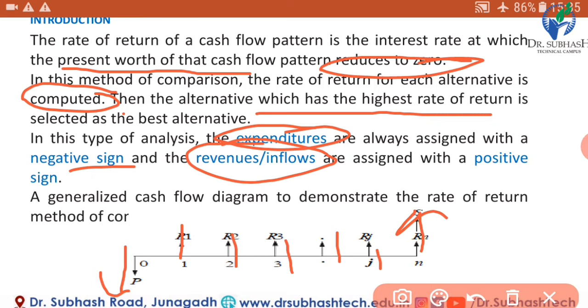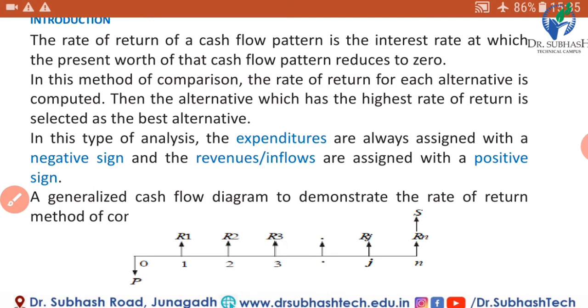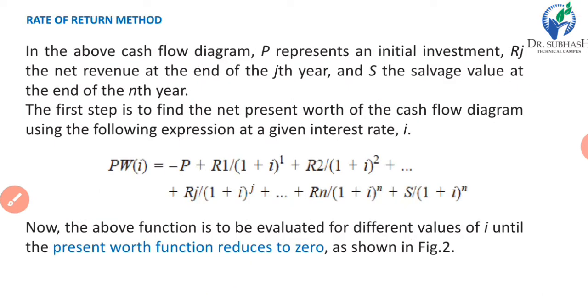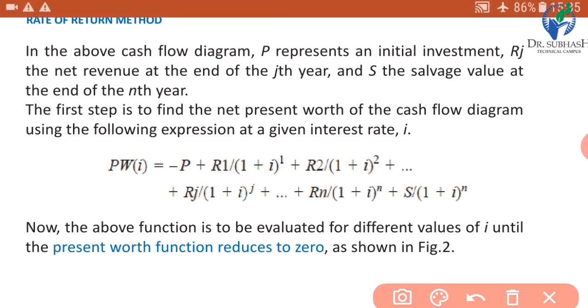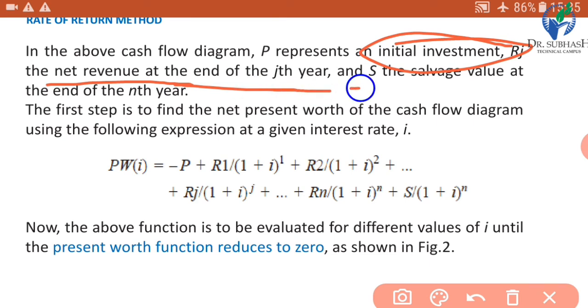So this is the cash flow diagram. In the above cash flow diagram, P represents an initial investment, Rj is the net revenue at the end of the jth year, and S is the salvage value at the end of the nth year.